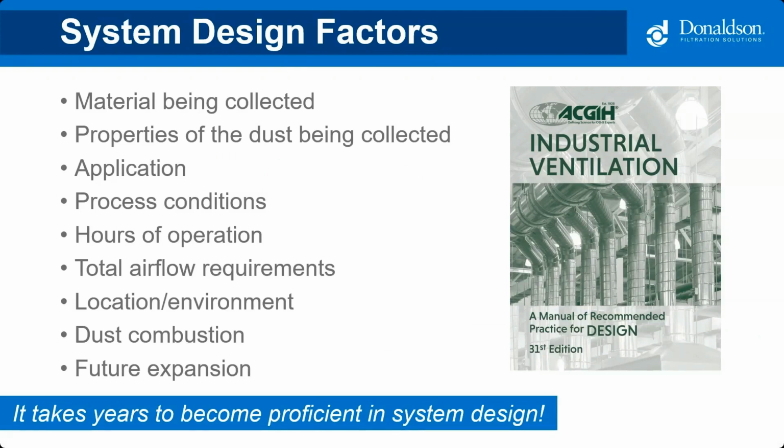They offer multiple courses throughout the year on system design, using the Vent Guide as a textbook. Most of our folks have attended this course over the years, and we actually have a few Donaldson staff that are instructors. The ACGIH guidelines are considered by most in the industry, including OSHA, as a standard for proper ventilation design.